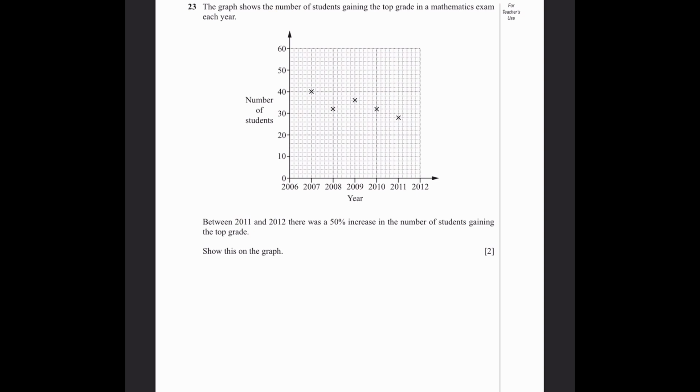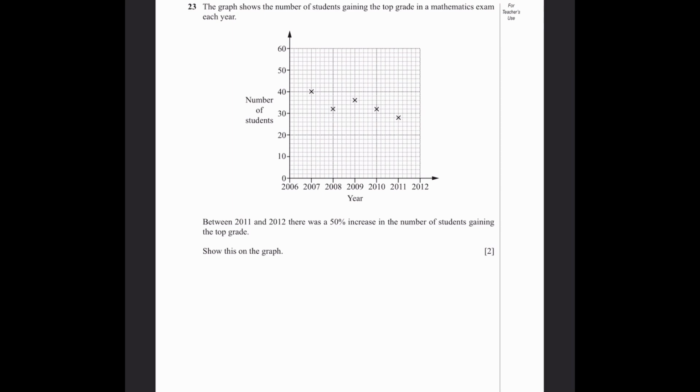Question 23. The graph shows the number of students getting the top grade in a mathematics exam each year. So we have a graph with 5 points, scatter graph, and each of them is for 2007, 8, 9, 10, 11. Between 2011 and 2012, there was a 50% increase in the number of students gaining the top grade.